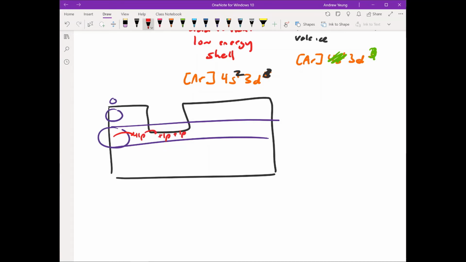All that's going to happen here is as the center of this gets more and more positive, because I'm still on the same shell, it's not like I gain a new shell, what's going to happen is as the center gets to be more positive, while the nucleus might be increasing in size, this inner core here might be getting larger, it ends up pulling the shell in tighter. So in that case there, we actually see a notable decrease in size. It actually does shrink notably as you go to the right.